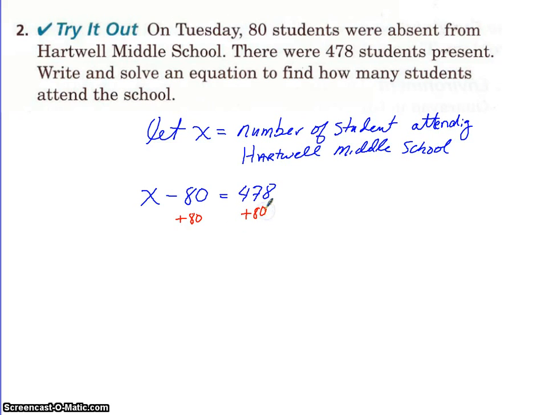Add 80 to both sides of the equation, and we get x equals 478 plus 80. You don't need a calculator to do this. You can do simple arithmetic. There's an 8, there's a 15, carry the 1, and 5. We have 558 students that attend Hartwell Middle School when no one is absent.